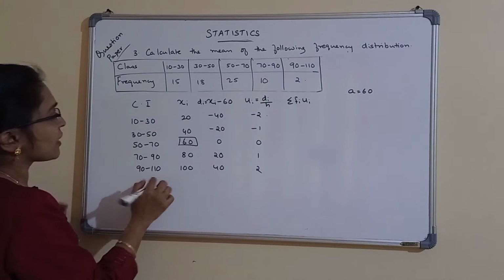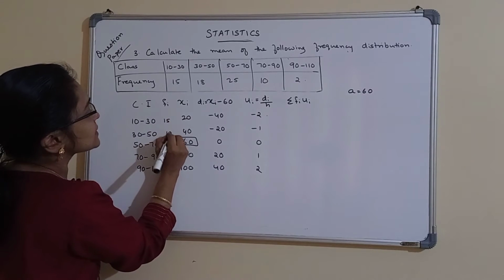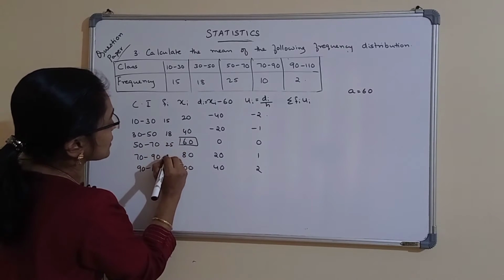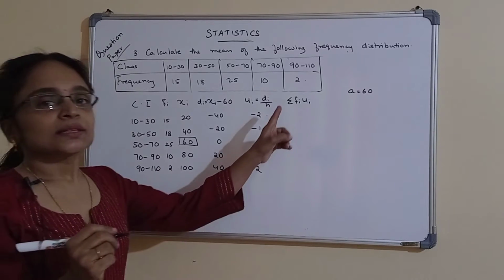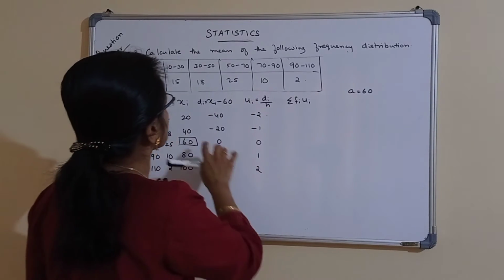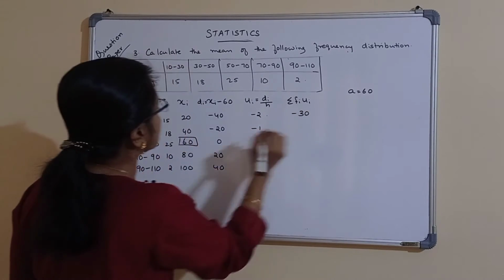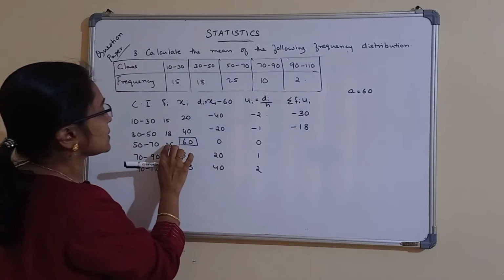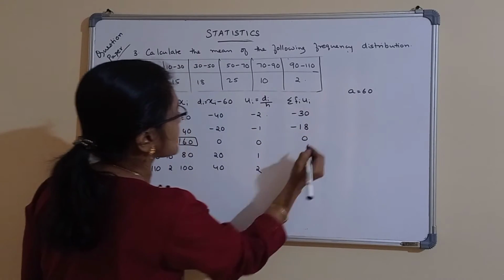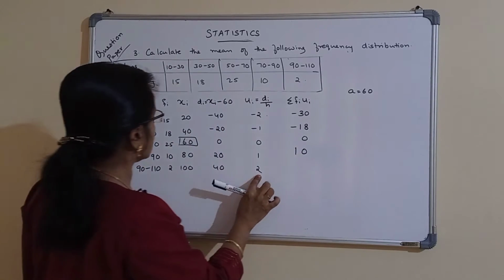Then fi, we have to write fi here, 15, 18, 25, 10 and 2. Now fi ui is fi 15 into minus 2, minus 30, then 18 into minus 1 is minus 18, then 25 into 0, 0, 10 into 1, 10 and 2 into 2 is 4.